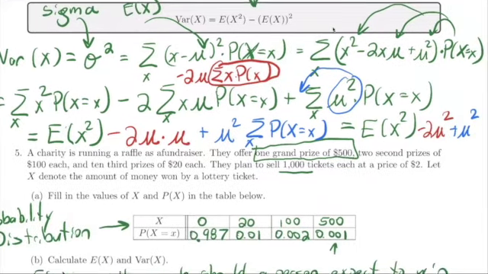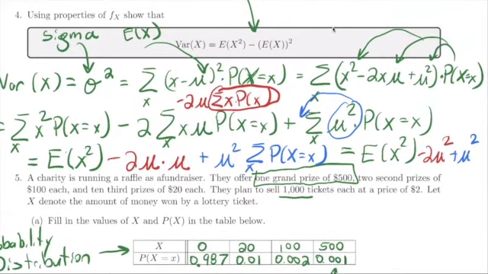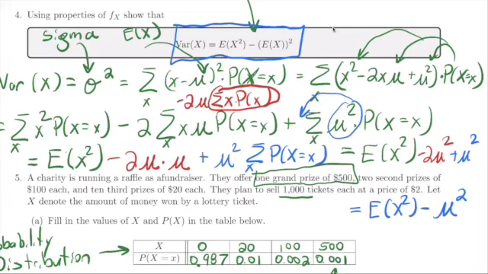And then we can take the minus 2 mu squared and add it to the plus 1 mu squared. And this gives us the expected value of x squared minus mu squared, which is exactly what we were hoping to get up here.